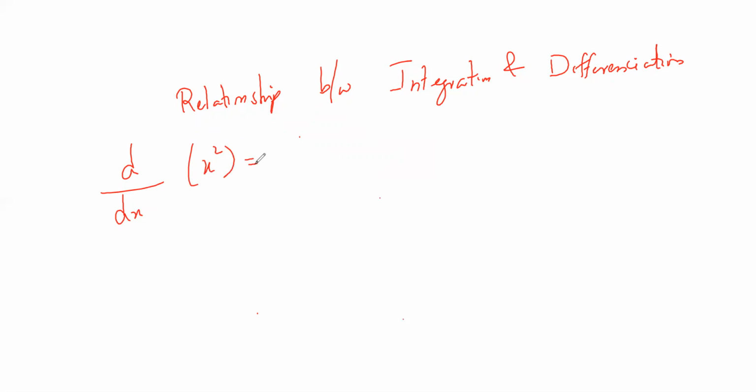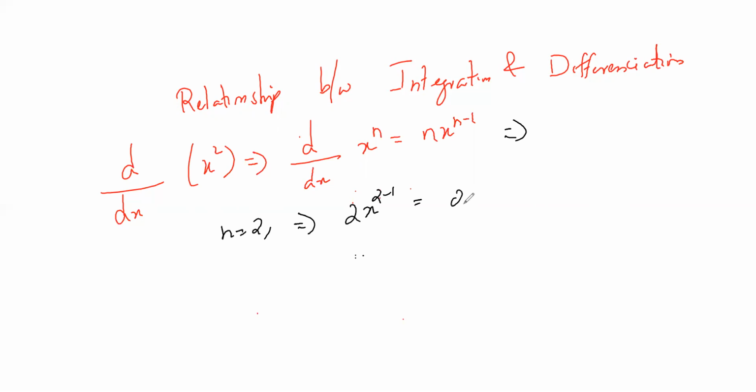Use the formula: d by dx of x power n is n x power n minus 1. Here n is 2. So d by dx of x square is 2x power 2 minus 1, which is 2x itself.